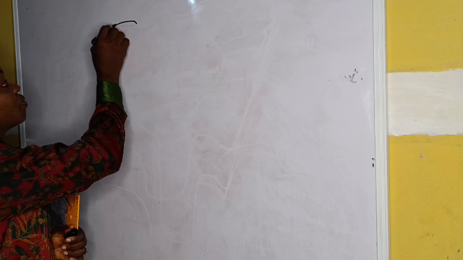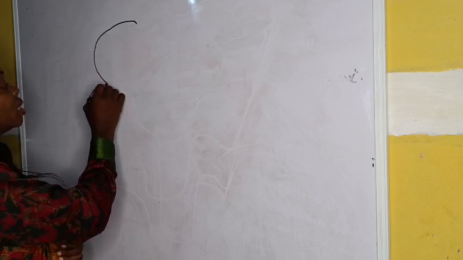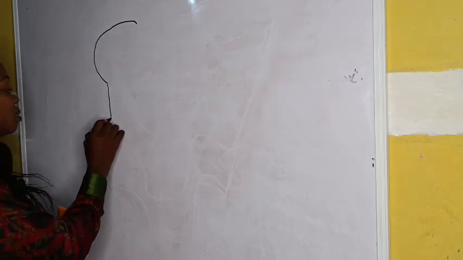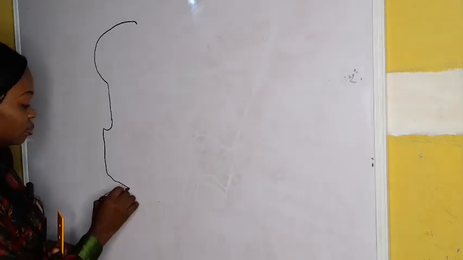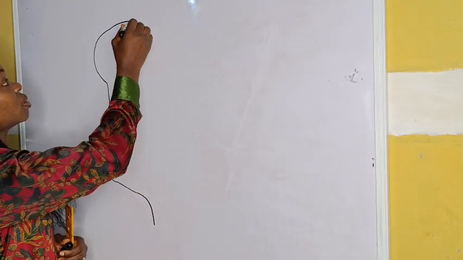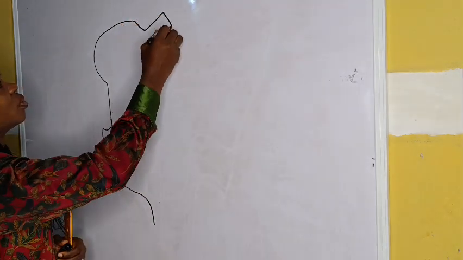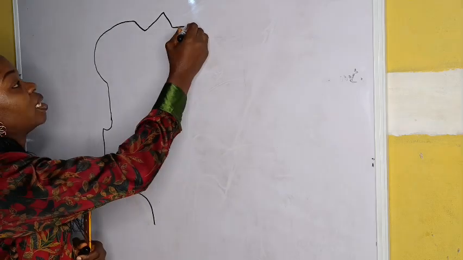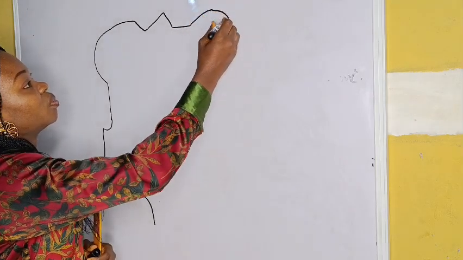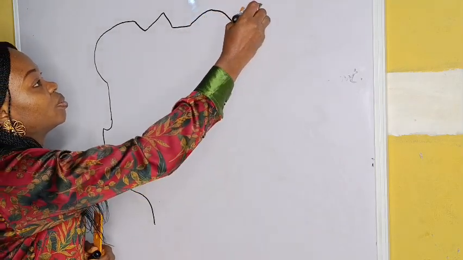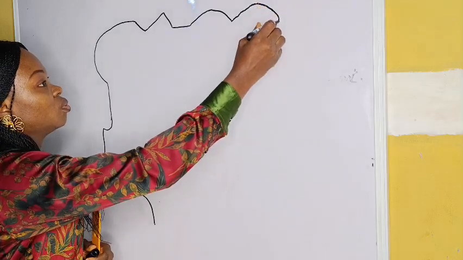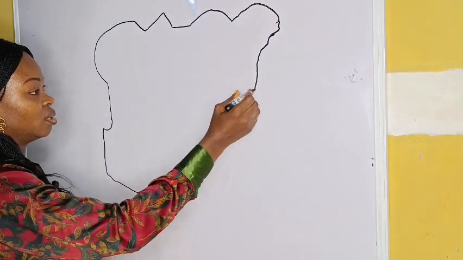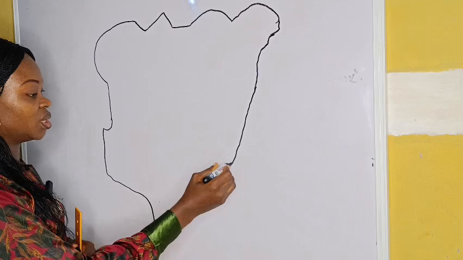Before we continue, let's have a sketch map of Nigeria. This is a sketch map of Nigeria, just a sketch. It doesn't have to be perfect. Come down, go up, come down again, just a slant line. You take it up, you come down, you take it up. Here you have Borno and the Chad. Start drawing it down, make it slant.